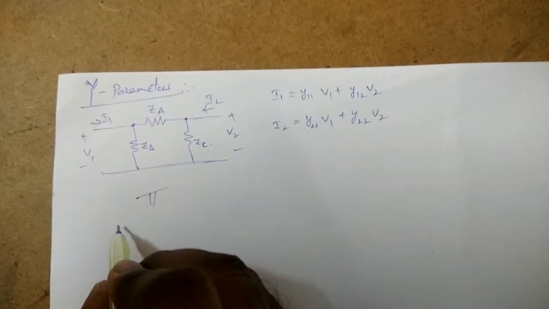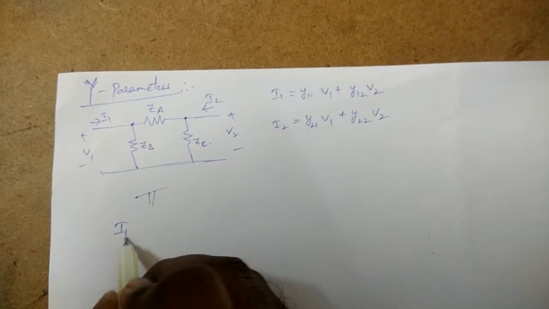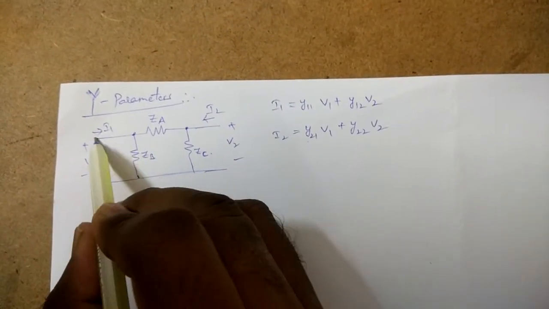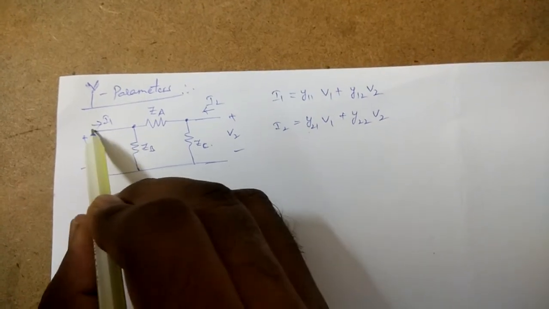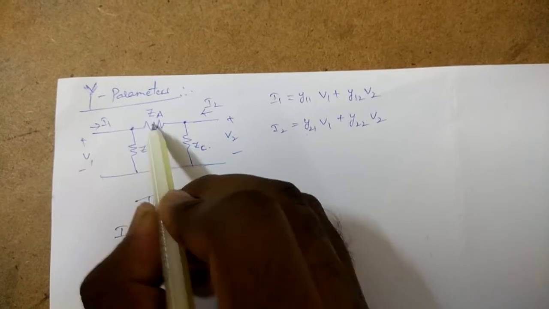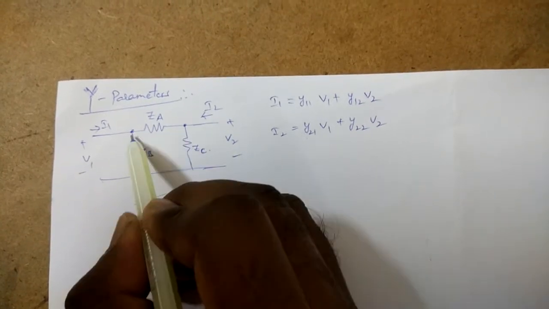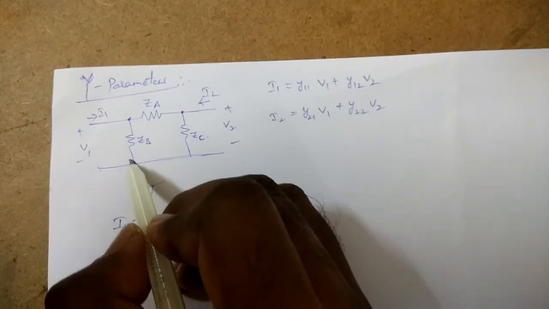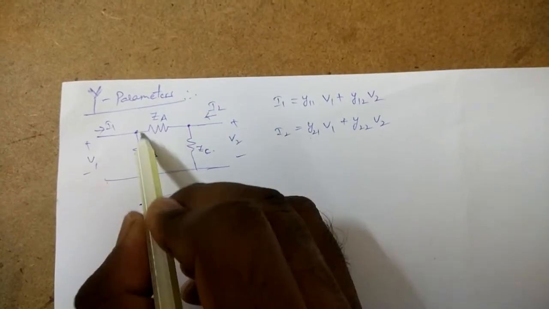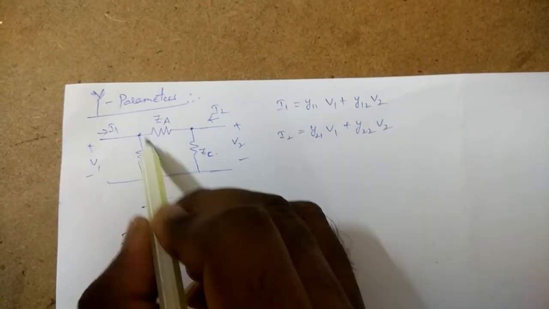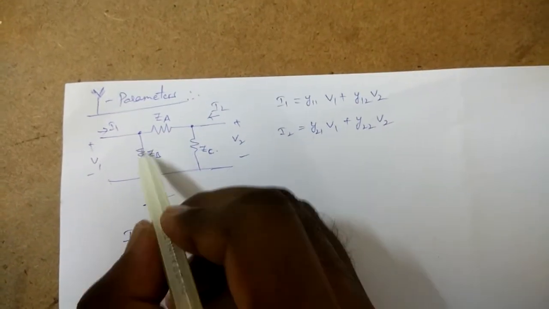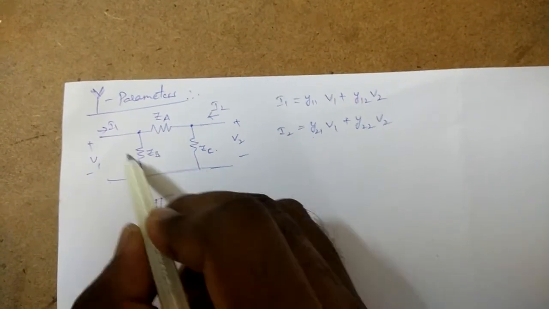So let us write the current I1. I1 is the current flowing here. The current will flow and here it will be divided; some part will go like this and some part will come like this. So I1 is equal to the part of current flowing in ZA plus the part of current flowing in ZB.